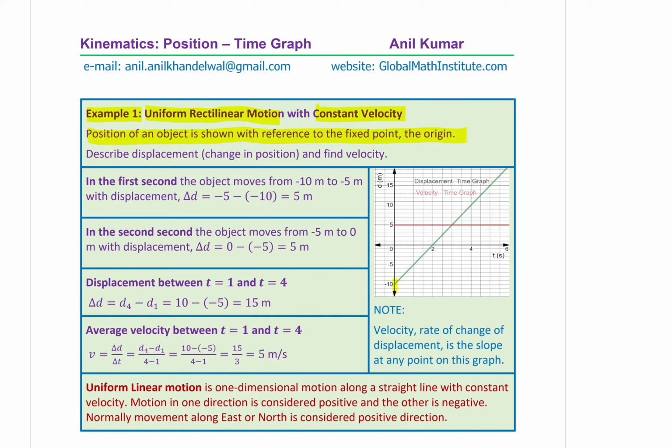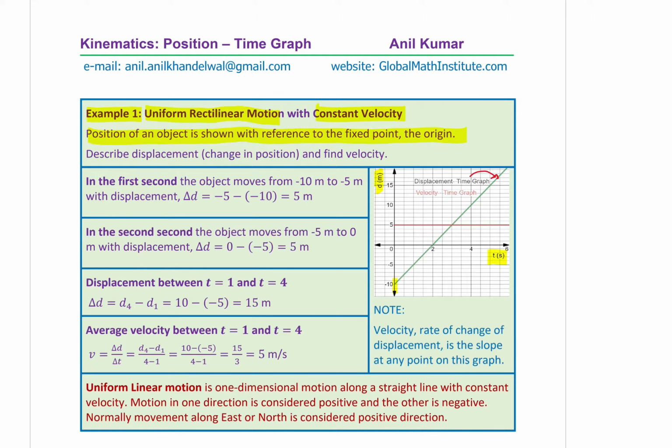Position of an object is shown with reference to the fixed point, the origin, right? So that green line is a graph of position of an object with time, right? Here we have distance in meters, time in seconds, and the graph is shown, which is this displacement-time graph.